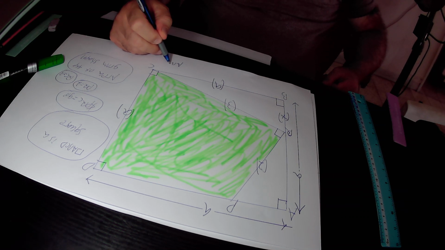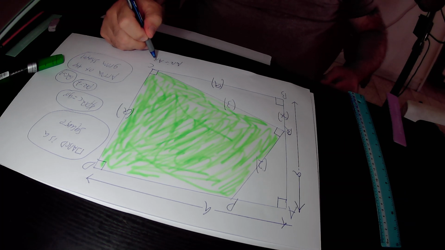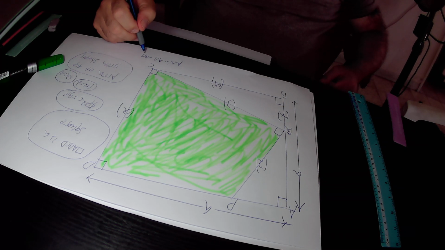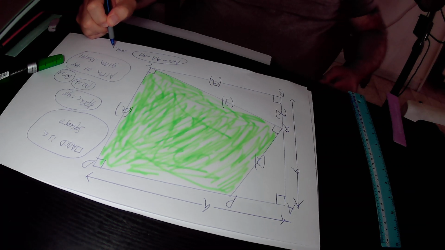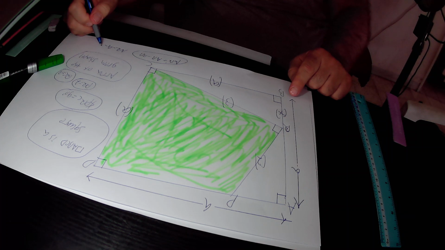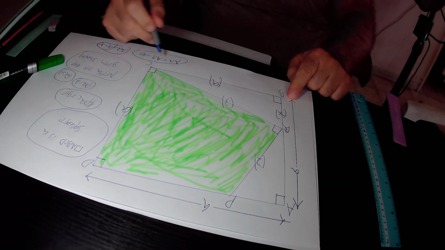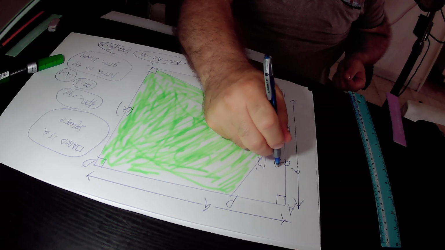AQ equals AB minus QB. So AQ in total equals AB, that is A according to our definition, minus QB, that is X according to our definition. So in total AQ equals A minus X units in length. This is side AQ, that equals A minus X units in length.